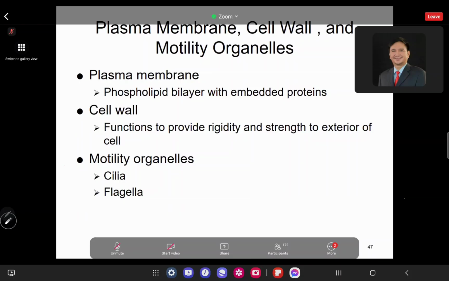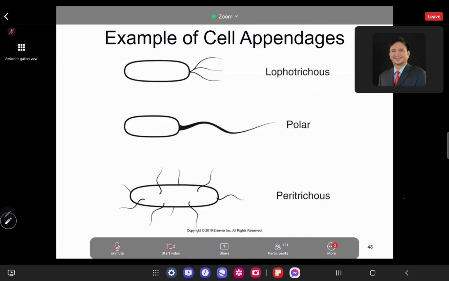It's a barrier and regulates substance exchange. Your cell wall for both eukaryotic and prokaryotic provides rigidity and strength to the cell's exterior, maintaining shape and protecting against environmental stress. And then your flagella, as well as your cilia that we have described a while back.